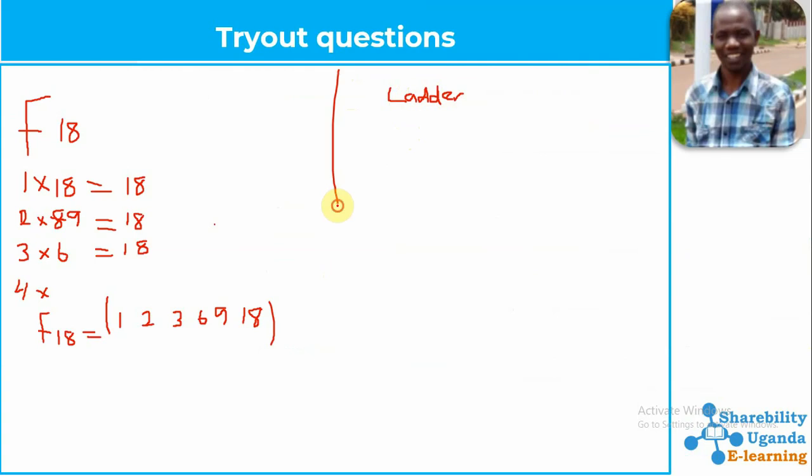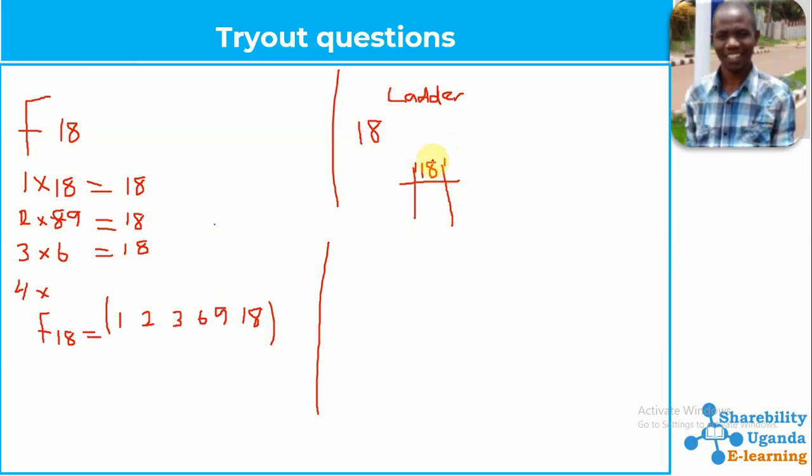So they are telling us that in a ladder method, when we have our 18, you just bring your two straws, you draw them, and you write your 18 in the middle.